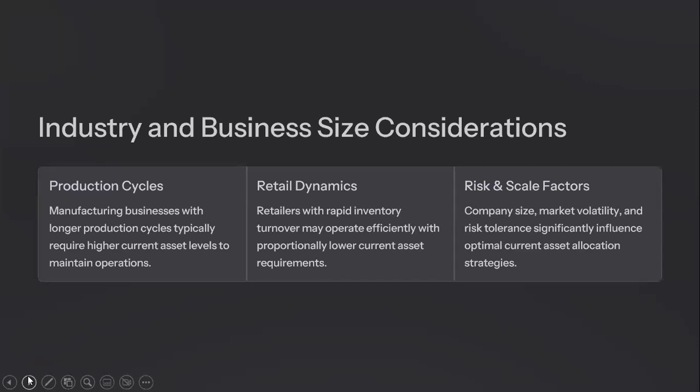Now, how does industry and business size impact working capital? When there is a manufacturing process, normally, if I compare with the service industry, the working capital cycle of the manufacturing industry is longer than the service industry.